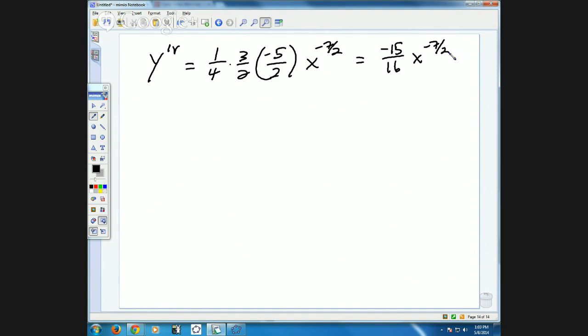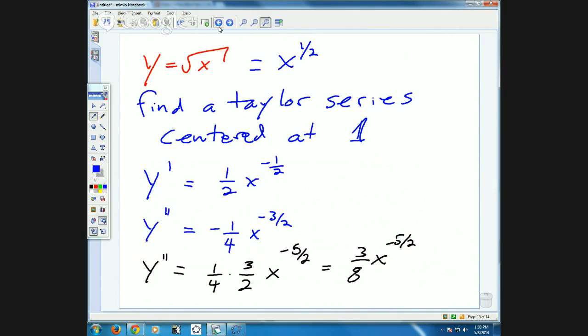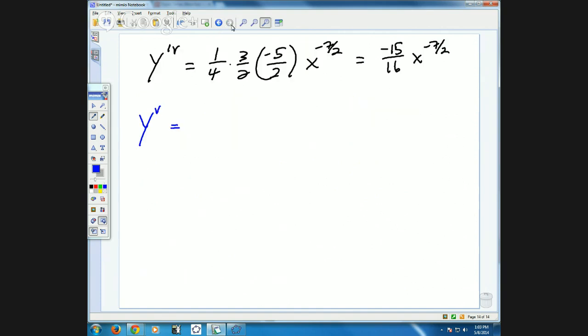All right, just for the hell of it, do one more. This is good practice. Now, let's see, where did that 1/4 come from? Thank you. So I have 1/2 times 1/2 times 3/2 times 5/2, and we get some negatives in here. Now we're going to have times the 7/2.